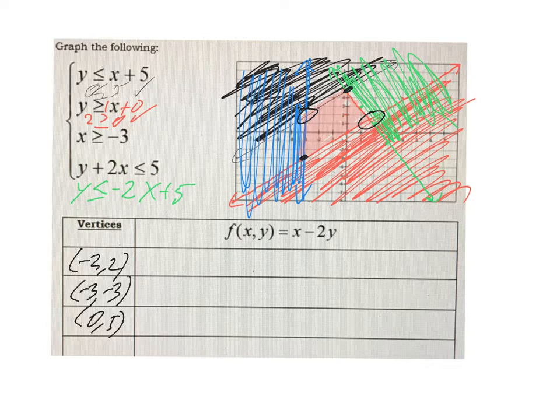The two lines that form that intersection are the line y equals x, which came from this one, and the green one, the original equation before I changed it, y plus 2x equals 5. Remember, we're just interested in the boundary lines and where they cross.